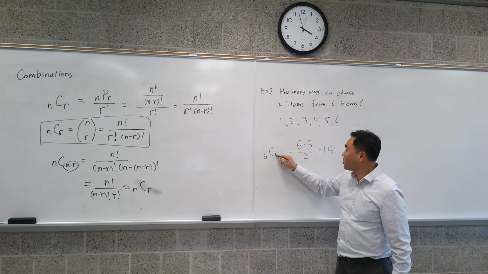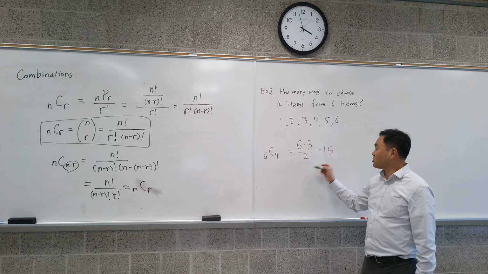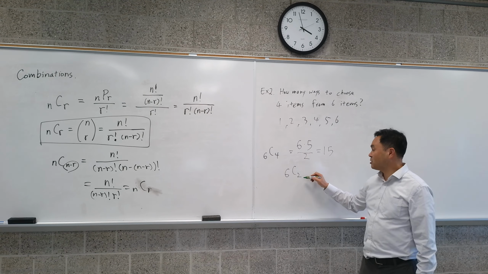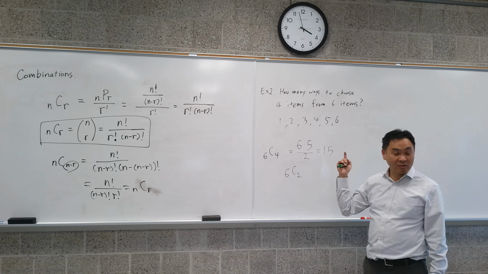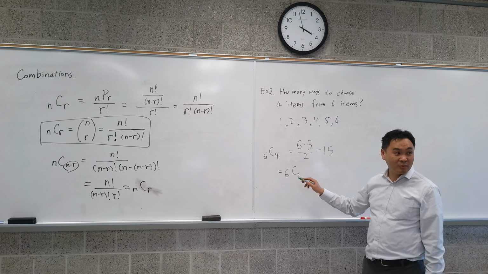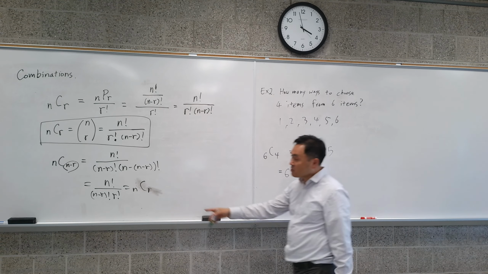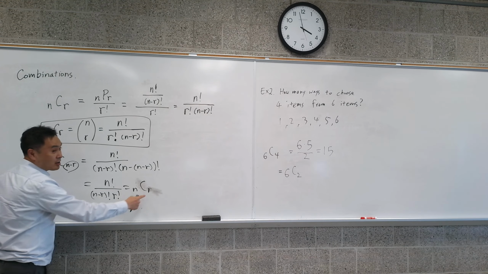6 choose 4 is indeed 15, but the way we did this was we didn't really count 6 choose 4, we really counted 6 choose 2, because we figured out ways to choose 2 items from 6. So we see that 6 choose 4 and 6 choose 2 are the same, and that's because 6 minus 4 is 2. That's what this identity is saying. nC(n minus r) is the same as nCr.